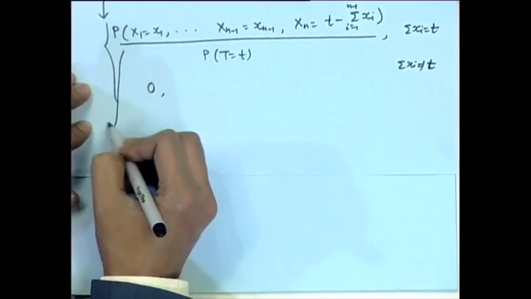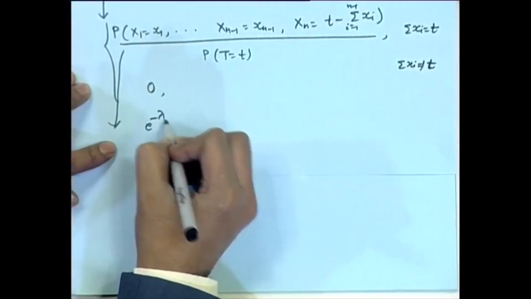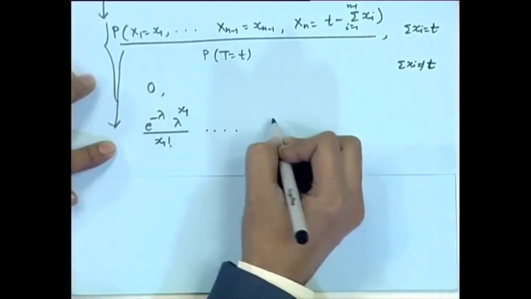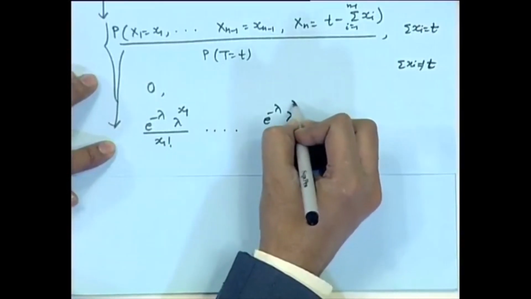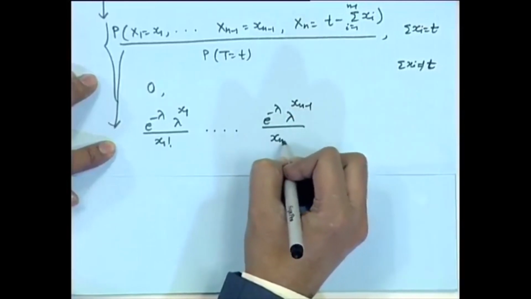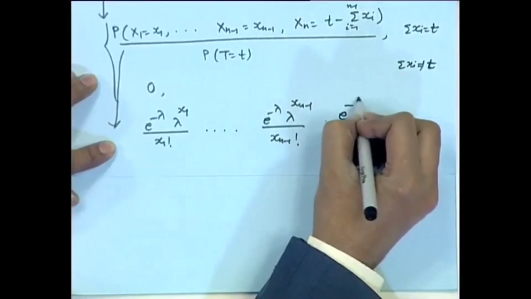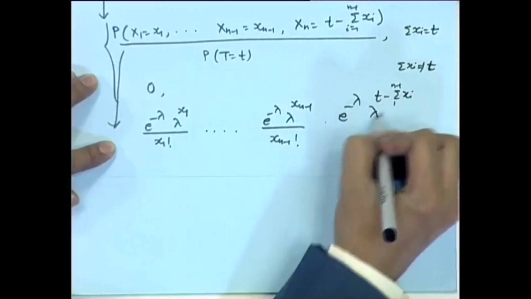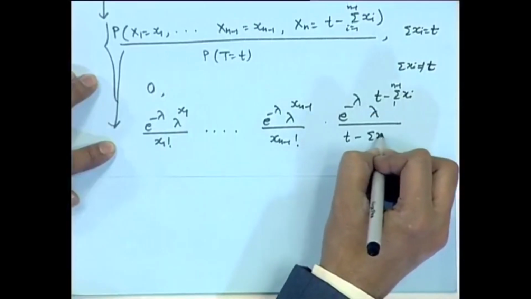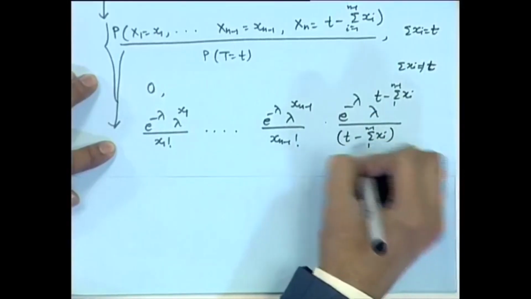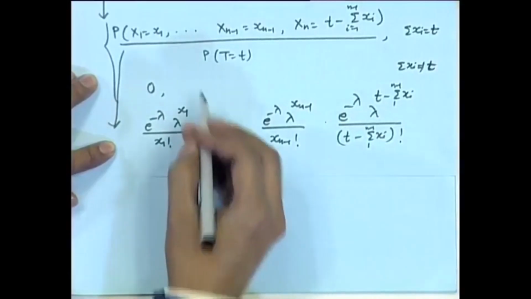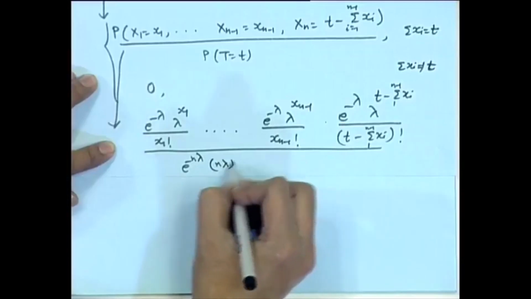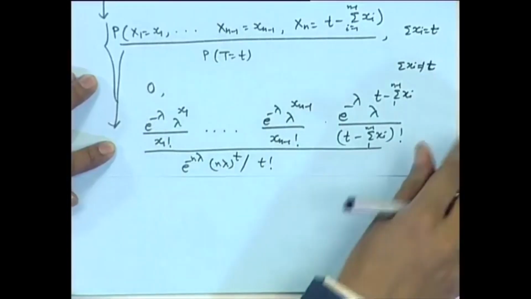So, we can substitute these values here: e to the power minus lambda, lambda to the power x1 by x1 factorial and so on. And the last term will be e to the power minus lambda, lambda to the power t minus the sum of Xi, 1 to n minus 1, divided by t minus the sum of Xi, 1 to n minus 1, factorial, and divided by e to the power minus n lambda, lambda to the power t divided by t factorial.